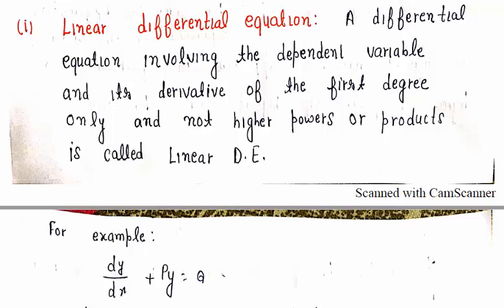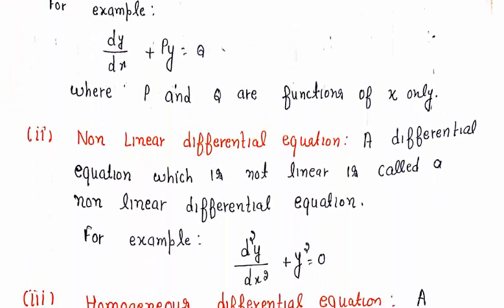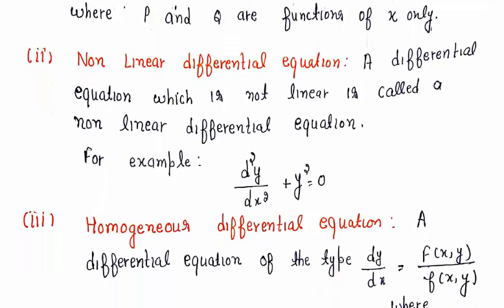Linear differential equation involves the dependent variable and derivatives only in first degree and not the product of these two. Now we discuss the non-linear differential equation. The equation which is not linear is called a non-linear differential equation.